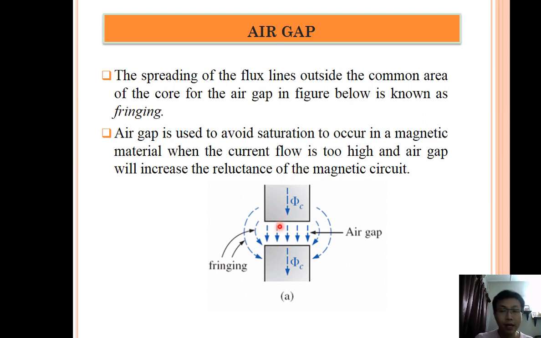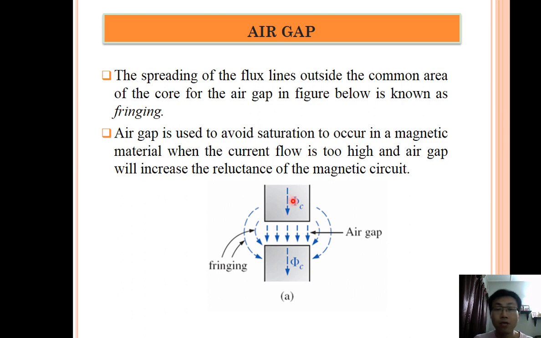In a simple way, if we don't want it to saturate, we need to push more fluxes here. This is how we put in an air gap. Then we will use an example calculation to see why we impose the air gap, so that the saturation will be reduced in the magnetic material.